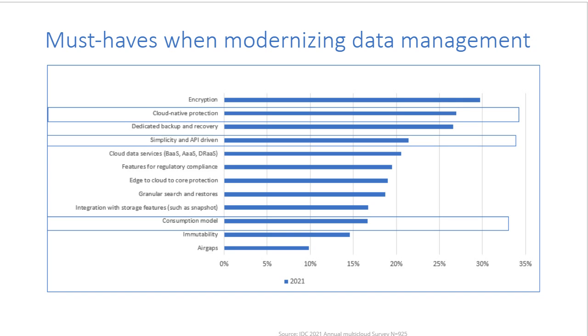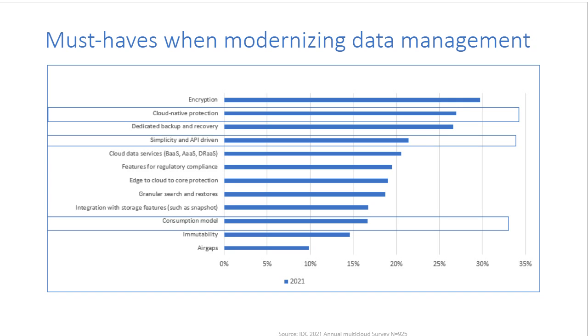So when they are modernizing their data management, we asked organizations, what's on your wish list? What is it that you want? So security capabilities like encryption are very important for them. But cloud native protection and having that simplicity and API-driven capabilities is very much at the top as well, which was nowhere on the radar 12 months ago in our previous research.